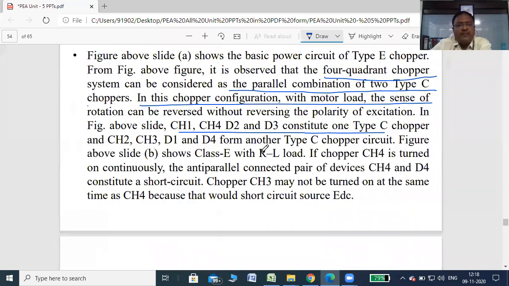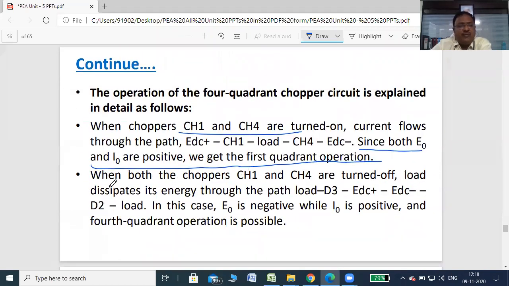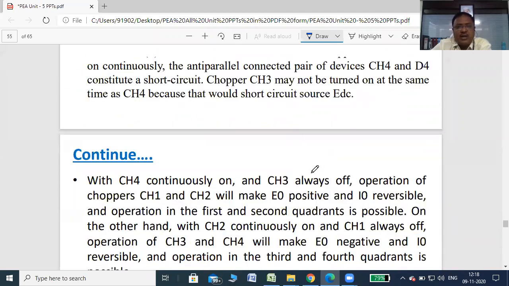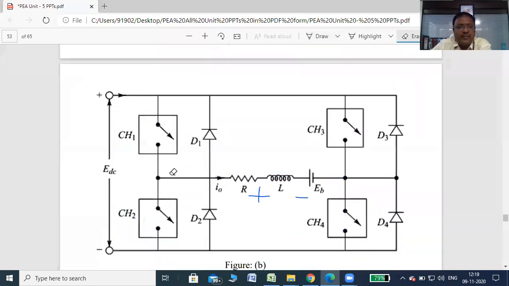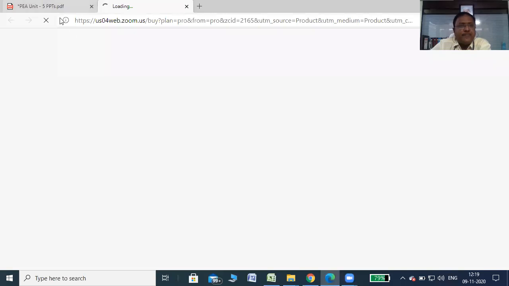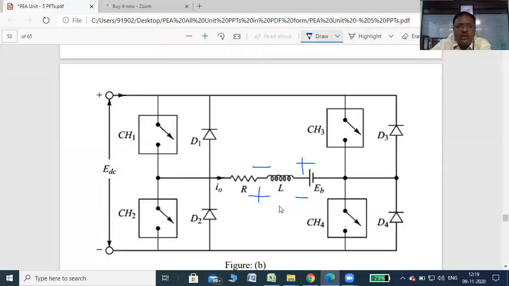Now, in the next cycle, when both CH1 and CH4 are turned off, what happens? The polarity of the stored charge gets reversed. So L becomes negative and this side becomes positive. Because of this, diode D2 is in forward bias condition as well as diode D3, since positive is applied to D3 and negative to D2.